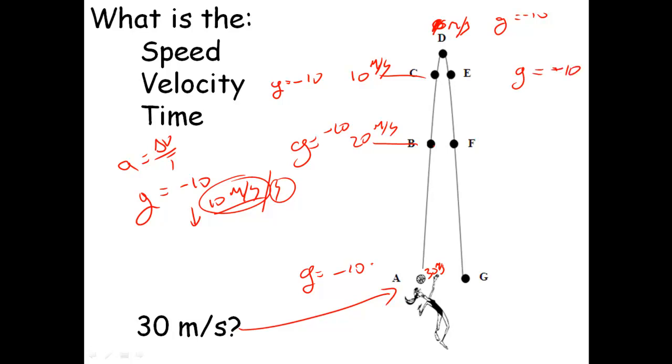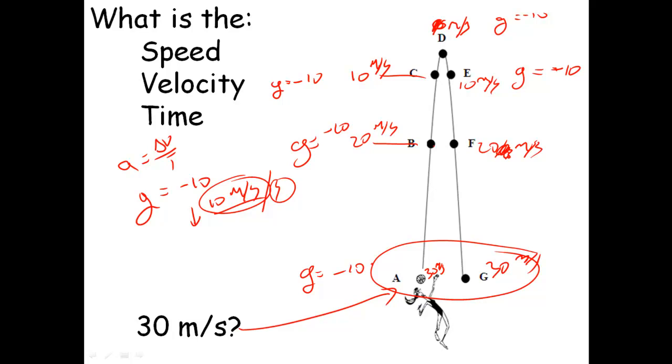So on the way down, it's going to start increasing its speed. It's going to be going 10 meters per second, then 20 meters per second, 30 meters per second. Look at that. It's going just as fast on the way down as it was on the way up.